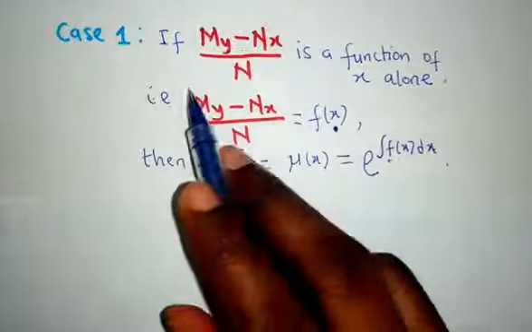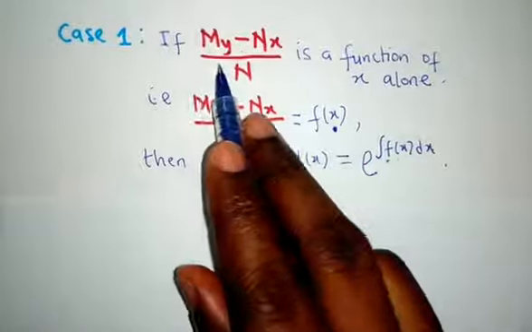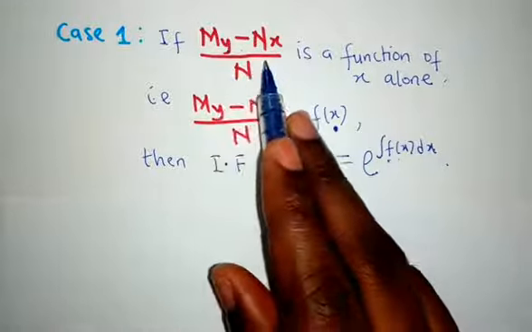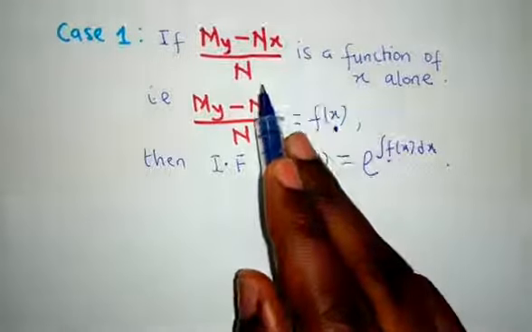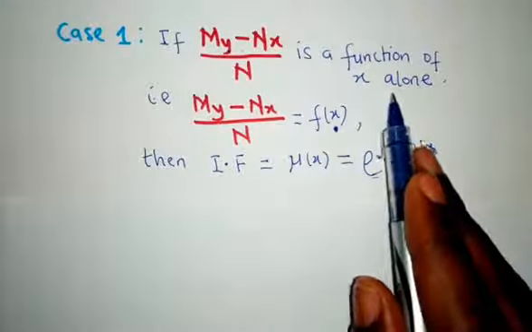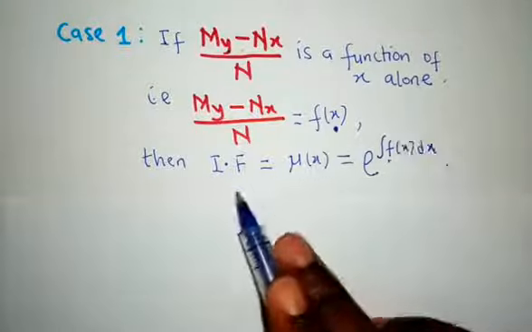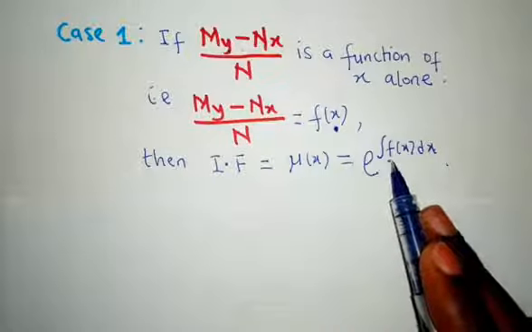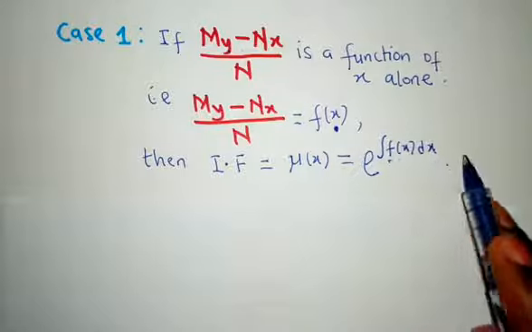Now, the first case states that if the partial derivative of M with respect to y minus partial N with respect to x, over N, is a function of x alone, then the integrating factor is the exponential of the integral of f of x dx.